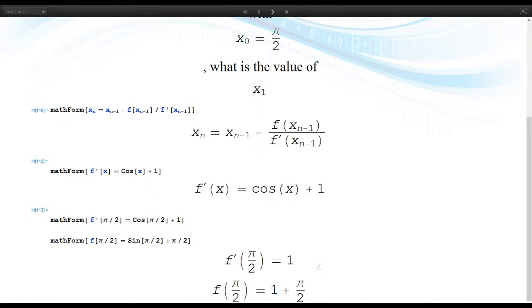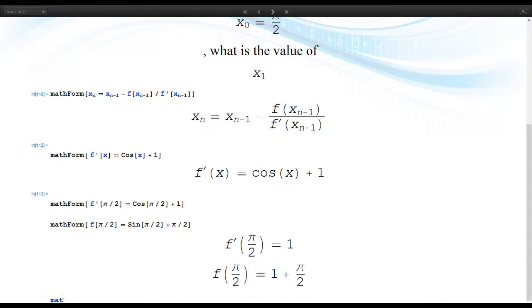So plugging all of these into the formula gives us that x sub 1 is equal to x sub 0. So x sub 0 is pi over 2, minus our function's value, which is 1 plus pi over 2, and our derivative's value is 1.